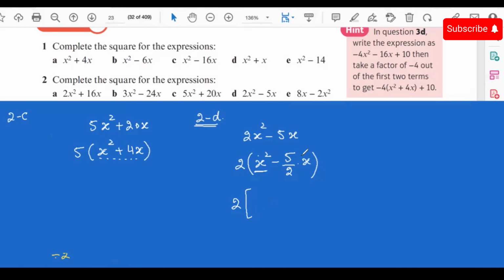Here we have x, then the other term other than x will be divided by 2. So we have x, negative sign, half of 5 over 2 will be 5 over 4, and its square. To compensate, we would have a negative (5 over 4) squared.